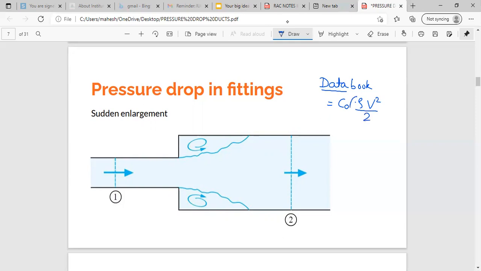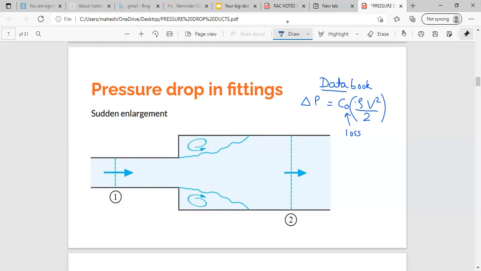This is the typical way of expressing the pressure drop. So in fittings, you will find that the pressure drop is always expressed as the loss coefficient times this term. Now, what is this term? This term is called the velocity head.